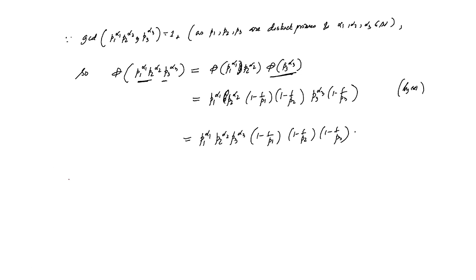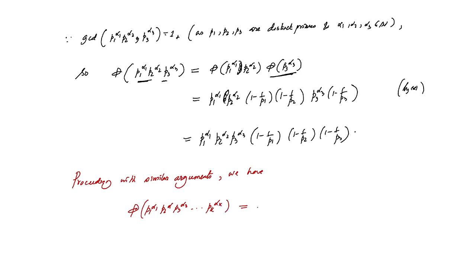Proceeding with similar arguments, we have phi of p1 to the power alpha 1, p2 to the power alpha 2, p3 to the power alpha 3, up to pk to the power alpha k.